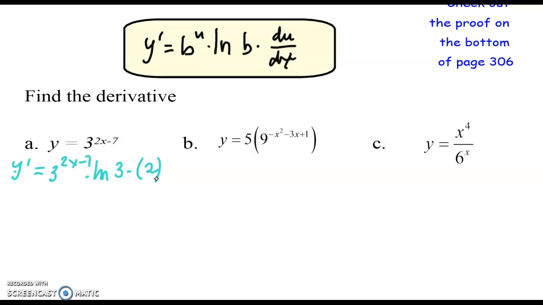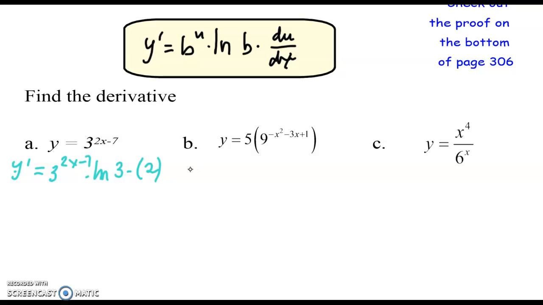Okay, and there's not too much we can do to simplify this. The 2 and the 3 to this power can't be multiplied. Okay, we know we can't multiply different bases. So we leave our answer like that.